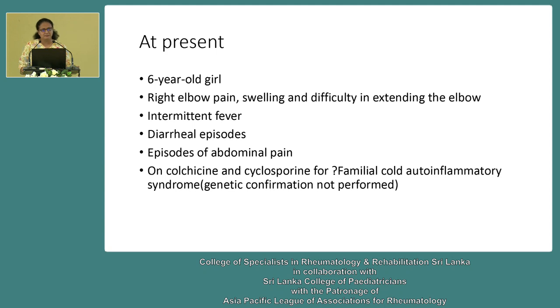She also complained about a few diarrheal episodes along with some abdominal pain. She was on colchicine and cyclosporine for a rheumatological condition, but we would like an expert panel opinion about the diagnosis. With regard to the diagnosis, the genetic tests were not performed, so I'll keep the diagnosis open.